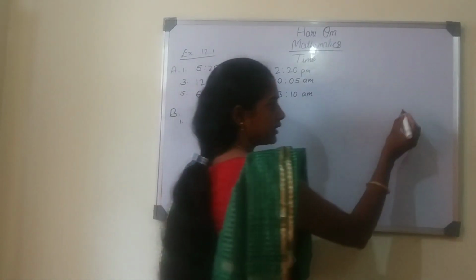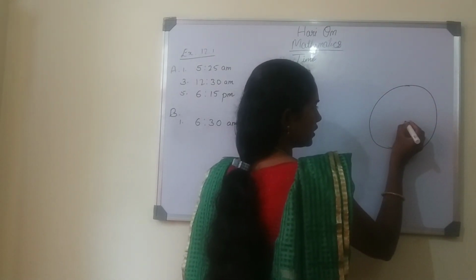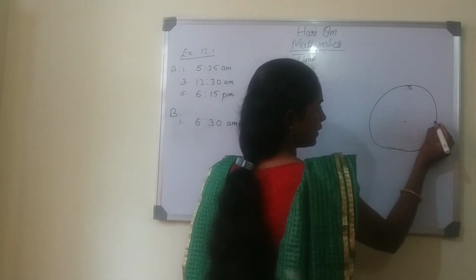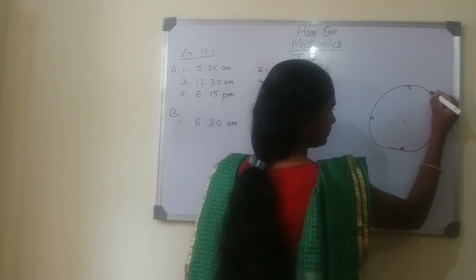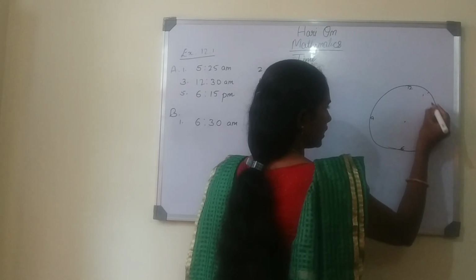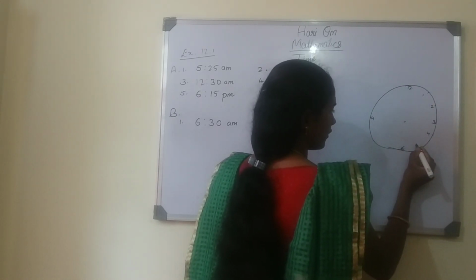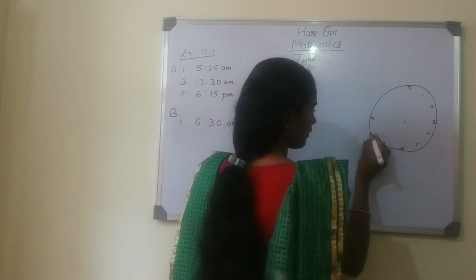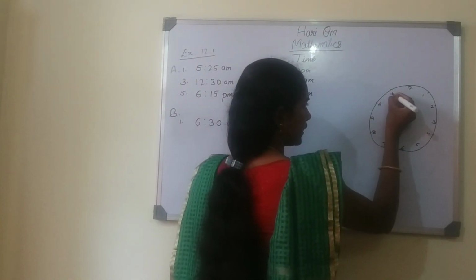Let us look at the clock, children. Here it is 12, 3, 9, 6, 1, 2, 4, 5, 7, 8, 10 and 11.